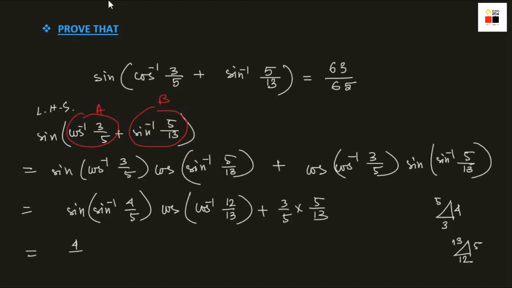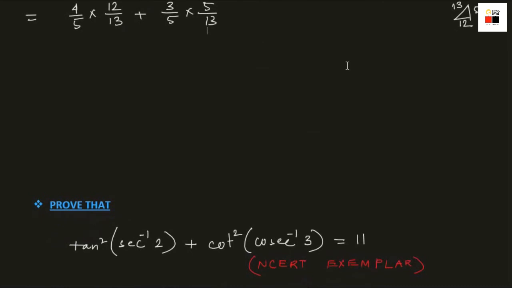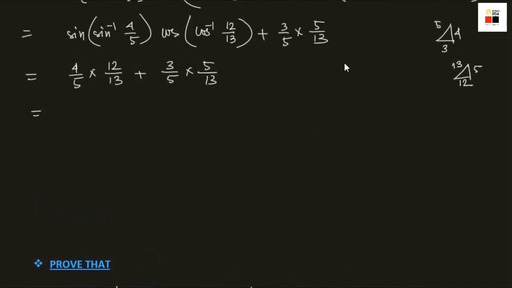This is equals to 4 by 5 into 12 by 13 plus 3 by 5 into 5 by 13. This is equals to 48 by 65 plus 15 by 65. This is equals to 63 by 65 equals to RHS. Proved.